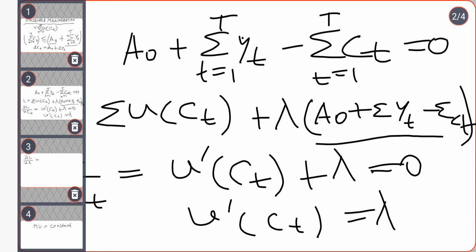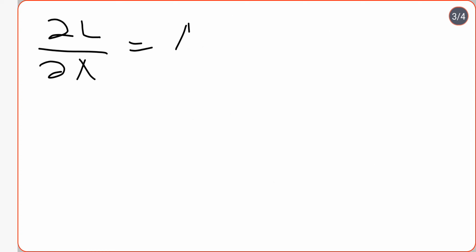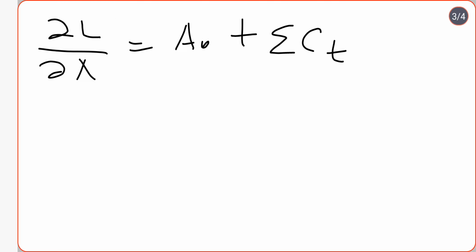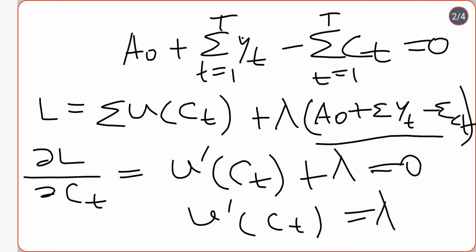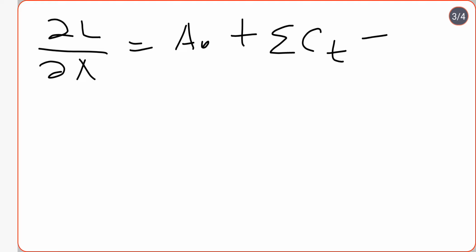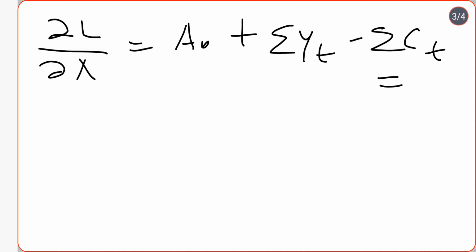So we will get a0 plus summation yt minus summation ct. This is our second. We have made the partial derivative of the function with respect to lambda and obtained this. This is equal to 0.